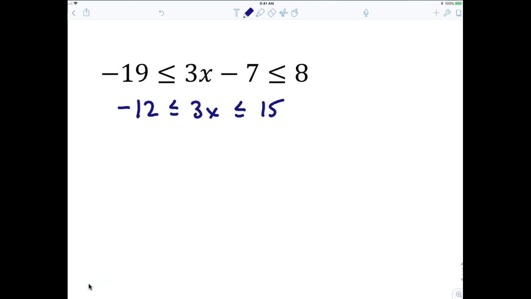And then what? Divide everything by 3, so you end up with x is between -4 and 5. Yeah, there we go. That's what I want you to be able to tell me. -4, 5.